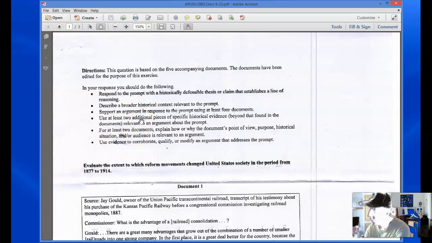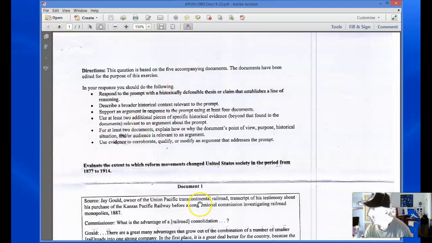You might know a lot about history, but they don't really care how much you know about history if it doesn't pertain to this prompt or the prompt you'll get on the actual AP exam. If it isn't covered in one of these, they don't really care how much history you know or how well you can write. So you have to score points based off of what they're asking you to do.